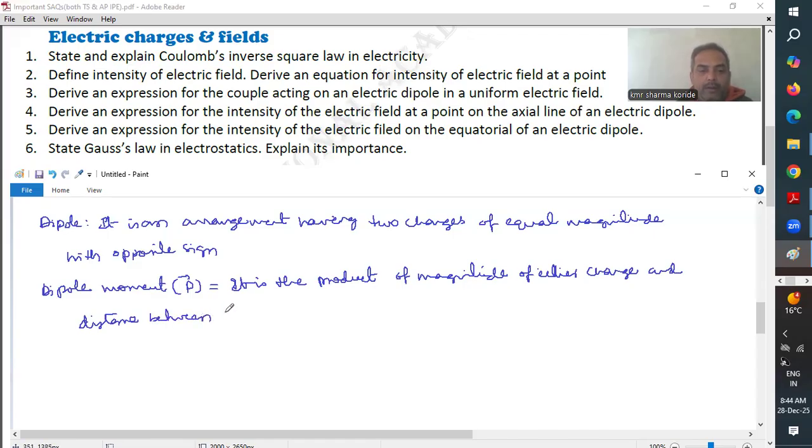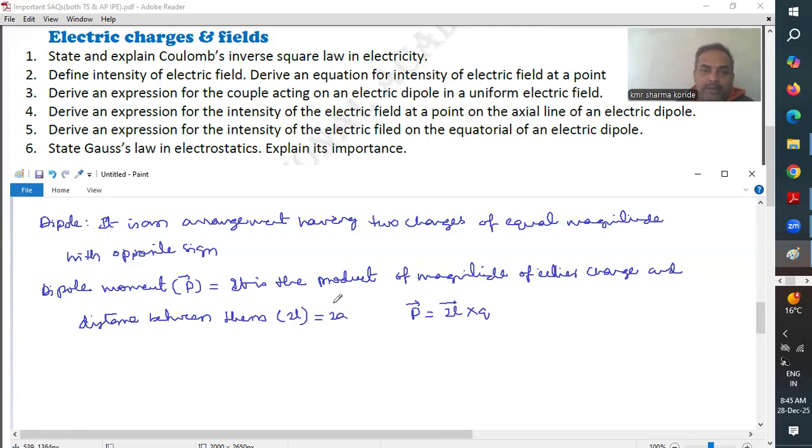So remember, electric dipole moment P is always from negative to positive charge. So therefore, this is 2l, or you can say 2a also. So mathematically, P is equal to 2l into q. It is a vector quantity.